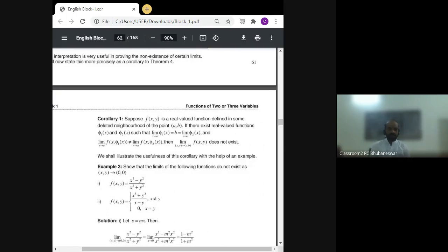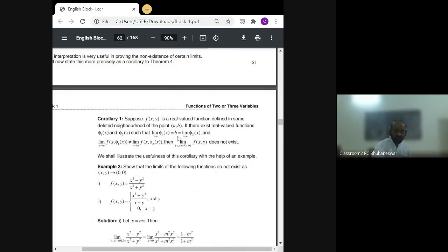So here look at the real-valued function f(x,y). It was defined like this: if there exist real-valued functions phi1 and phi2 such that the limit of phi1 at a equals b and also the limit of phi2 at a equals b, but the limit of f(x, phi1) is not equal to the limit of f(x, phi2), then the limit does not exist.